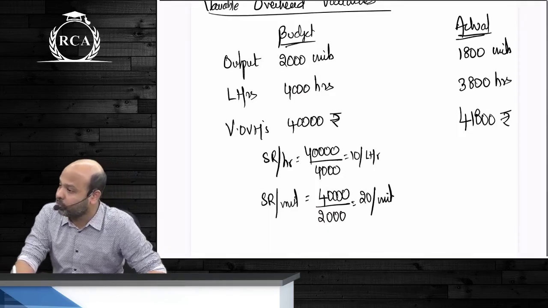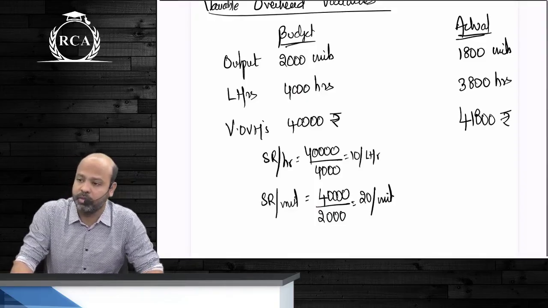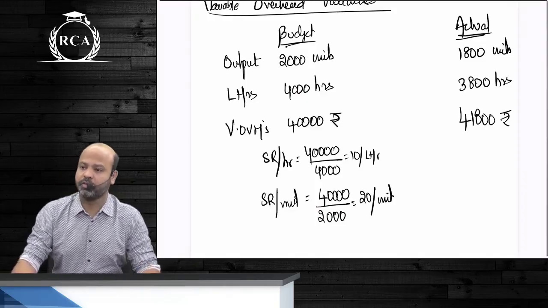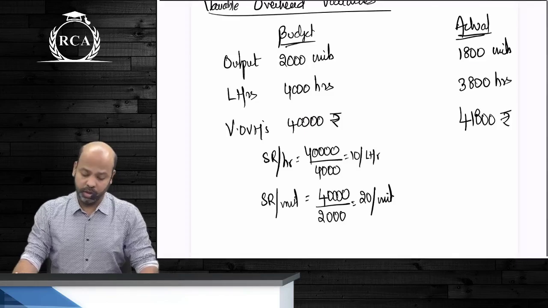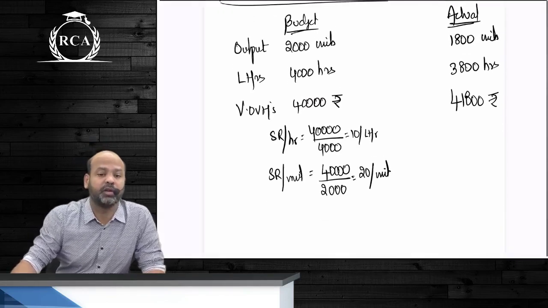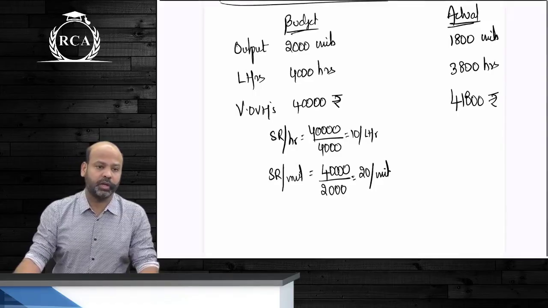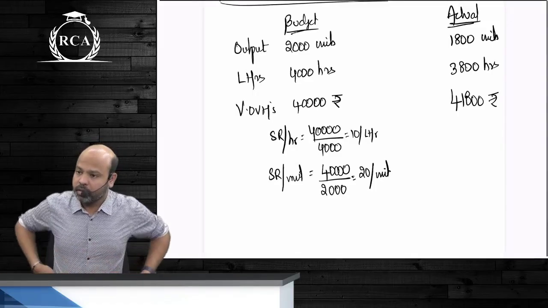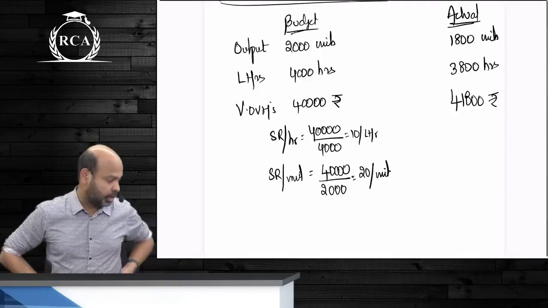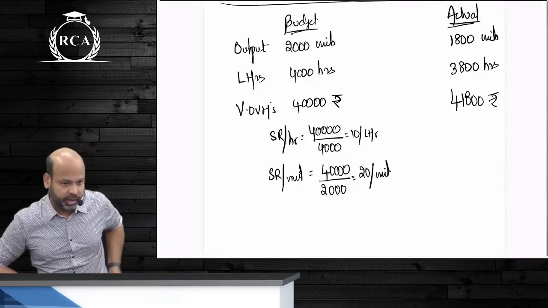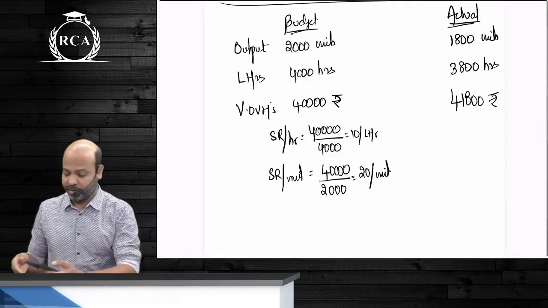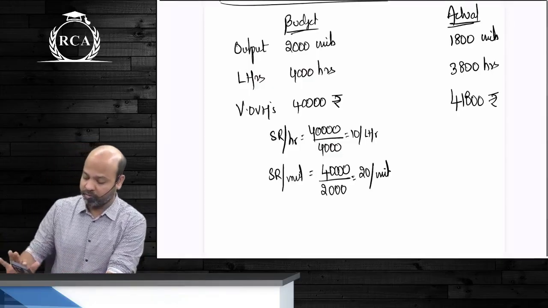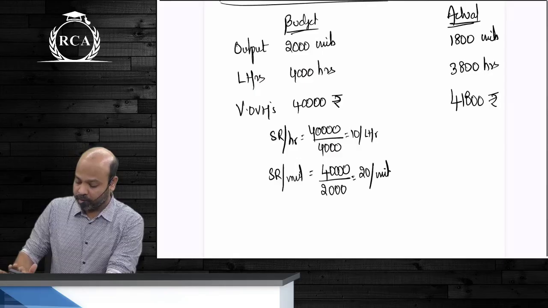Now, if I would want to compute the amount of absorbed variable overheads, what will be the answer if it is based on number of units or if it is based on number of labor hours?